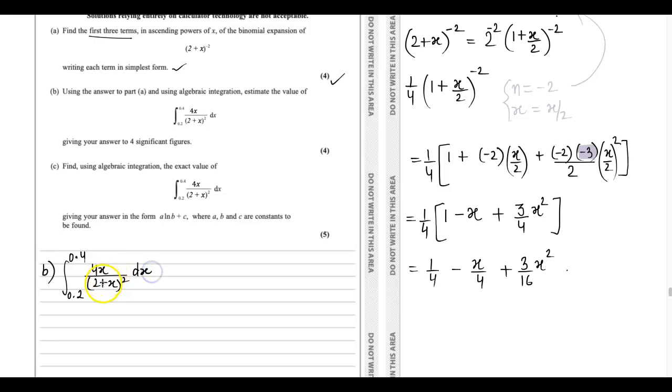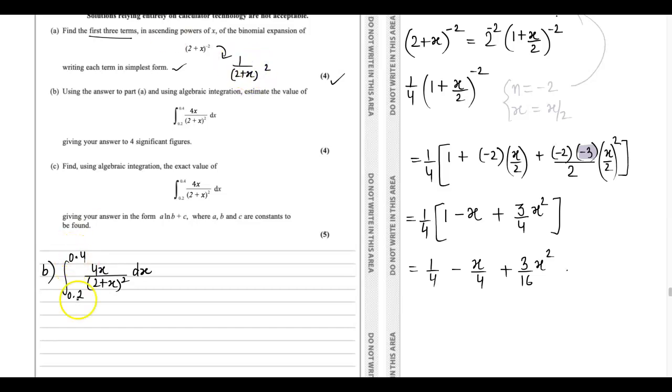We have to integrate this. Now again, this is the basic thing we have done in our regular learning period. It is 2 plus x to the power minus 2. It can be written as 1 over 2 plus x to the power plus 2, isn't it?